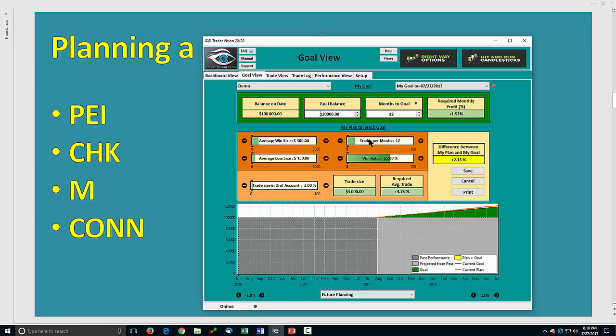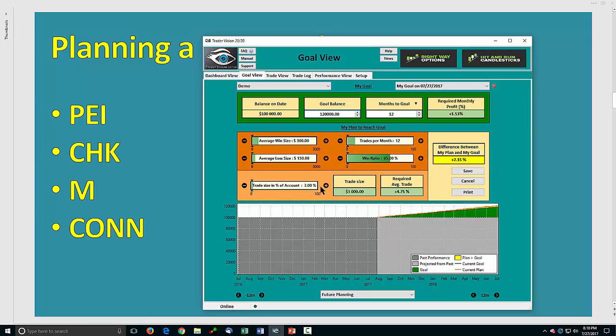You can play with these numbers. I can't do 12 a month. Well, then if I knock it down to 10, now I need to either increase the average win size or I need to increase my ratio to get back to where my plan is going to achieve my goal. So it's one of those things where you have to play with these variables, and you can then come up with a plan that will meet your criteria.